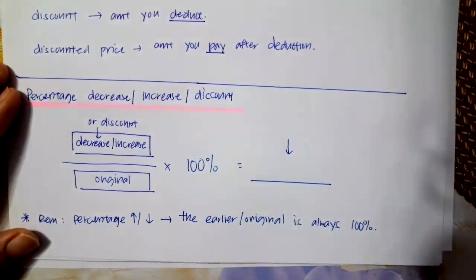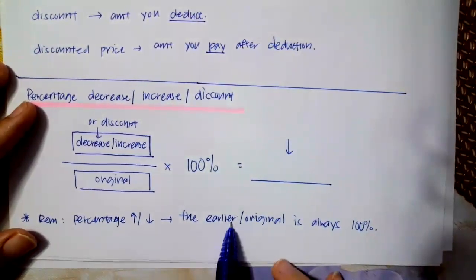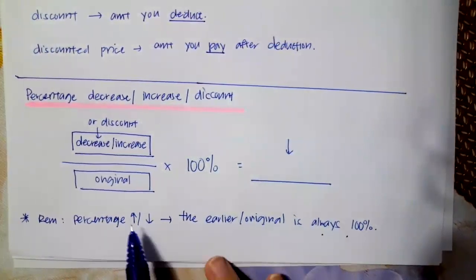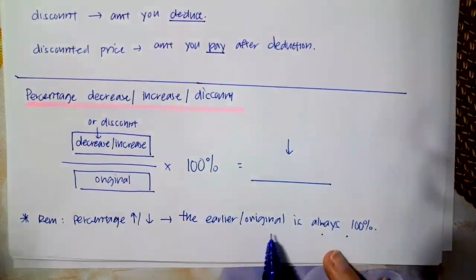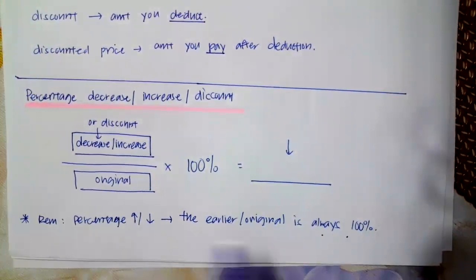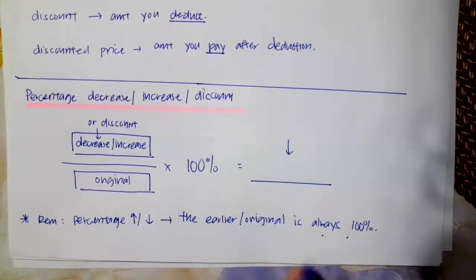Okay? Now, remember in the context of a percentage increase or decrease, the earlier or the original value is always 100%. So from there, if there's an increase, then the later value would become more than 100%. If it decreases, then the later value becomes less than 100%. Okay, so just remember the earlier or the original is always 100%.